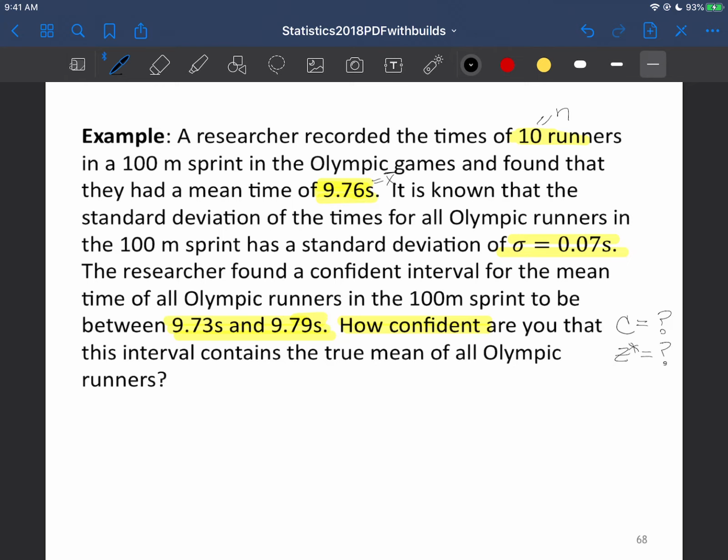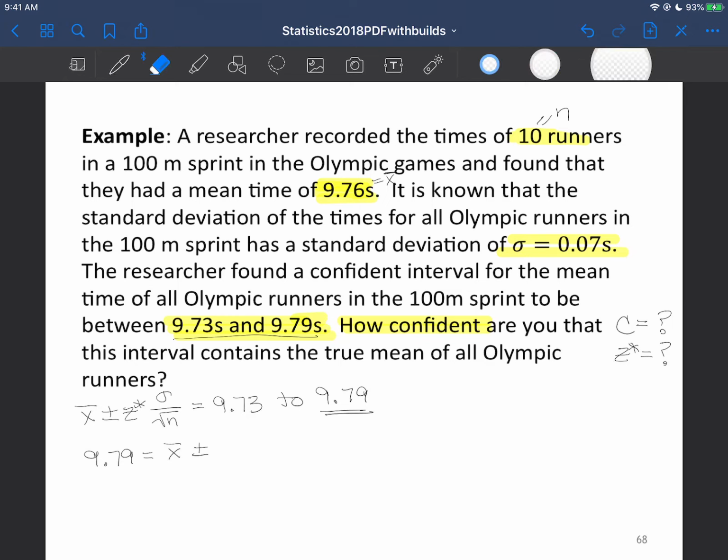All right, so let's plug in what we know. Well, we know that the formula for the confidence interval is x bar plus or minus Z star times sigma divided by the square root of n. And in this case, the problem tells us that this is equal to 9.73 to 9.79. So let's just take this right one. That means that 9.79 must be equal to the sample mean plus, just plus, right?